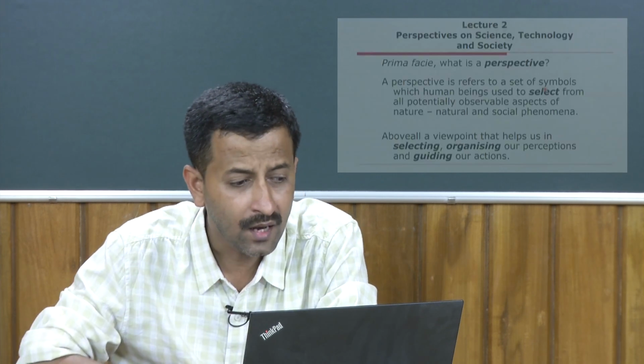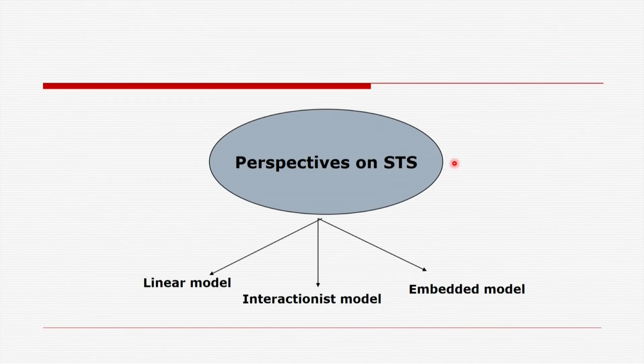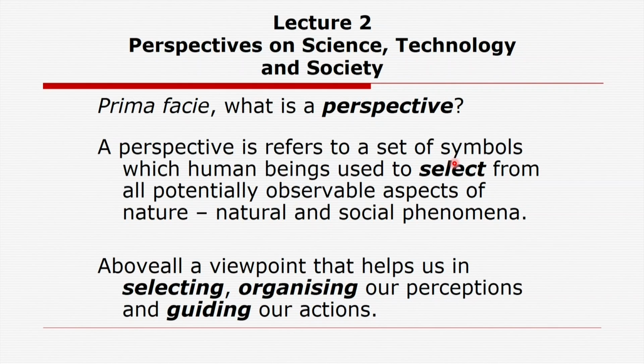Now, as we have already discussed what a perspective is, we are now trying to build the perspectives on science, technology and society, the relationship between them. Prima facie, what is a perspective? A perspective refers to a set of symbols which human beings use to select from all potentially observable aspects of nature. When I say nature, I repeat, it includes both natural and social phenomena.